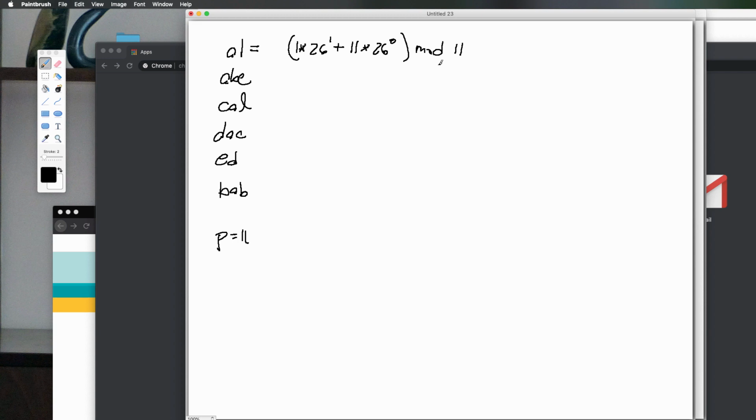I won't bore you by going back to wolfram.com to show you the calculations, but when I calculate this, it turns out to be 1.